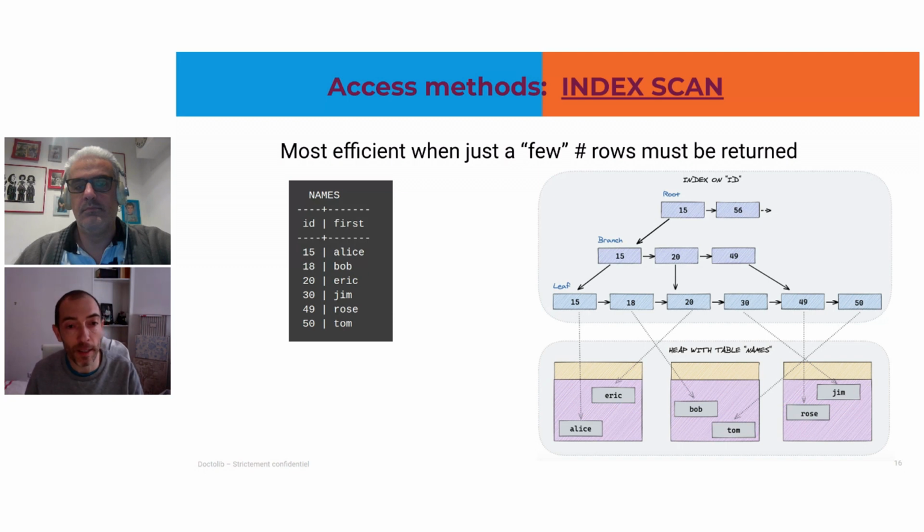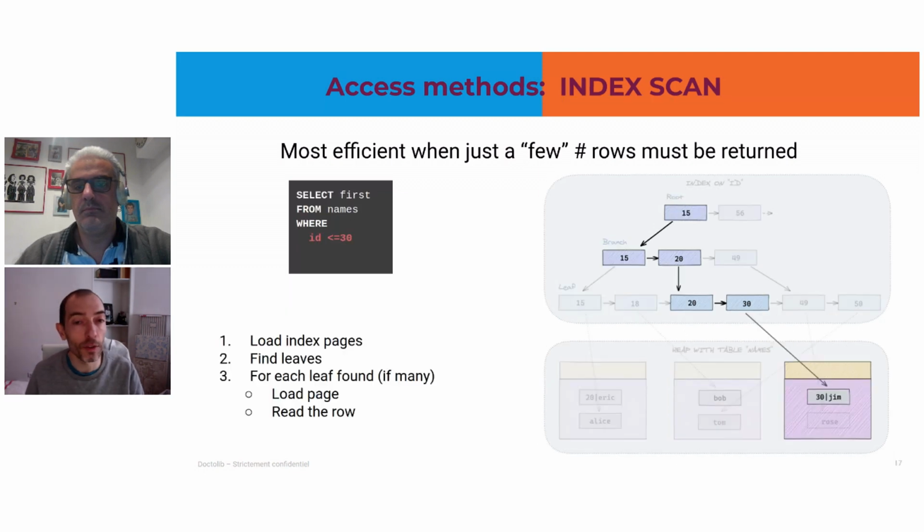So let's take an example of a search within an index. In this example, we're looking for an ID. Actually, there is a small mistake: equal to 30, not less than, but equal to 30. We start at the root on top, go to 15, and look.